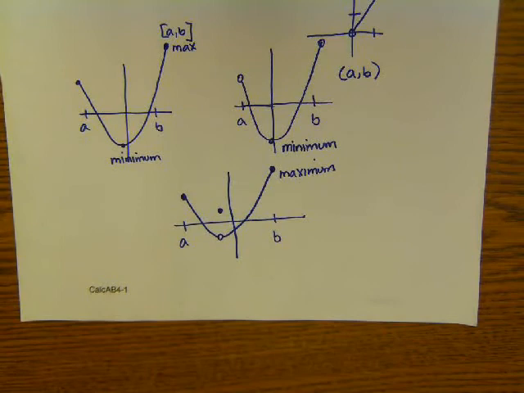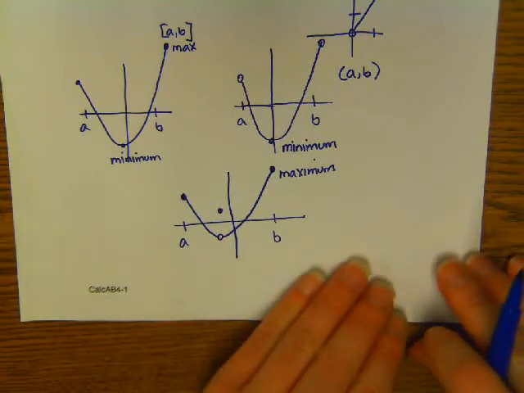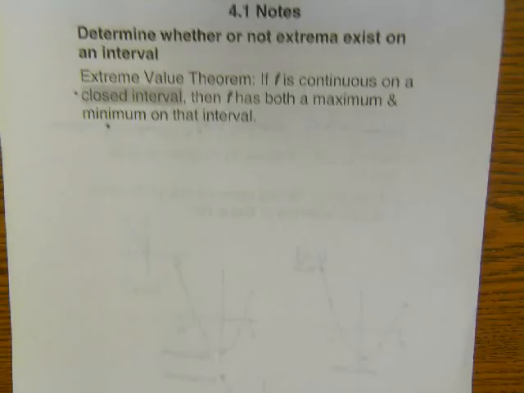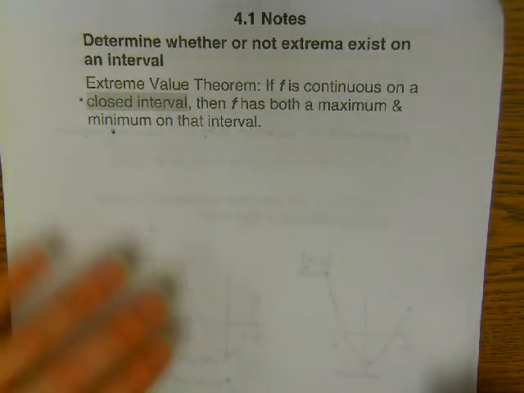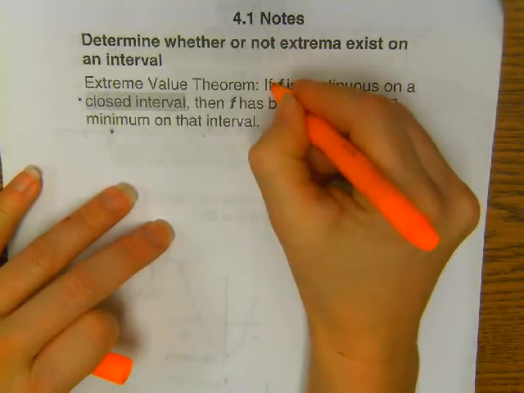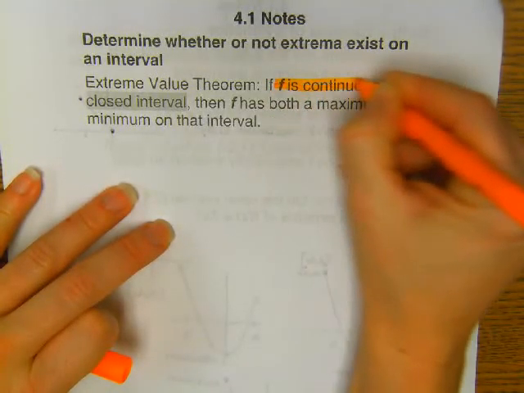Okay, so that brings up a good point. So now I'm going to go to the extreme value theorem. So basically, there's a couple things that have to be true in order to use it, and I hopefully demonstrated those to you. When you're checking today, I want you to make sure that you check for a couple of things. The extreme value theorem is only true if f is continuous, and so that last example I showed you did not have both a maximum and a minimum, and that was because the function was not continuous on the interval.